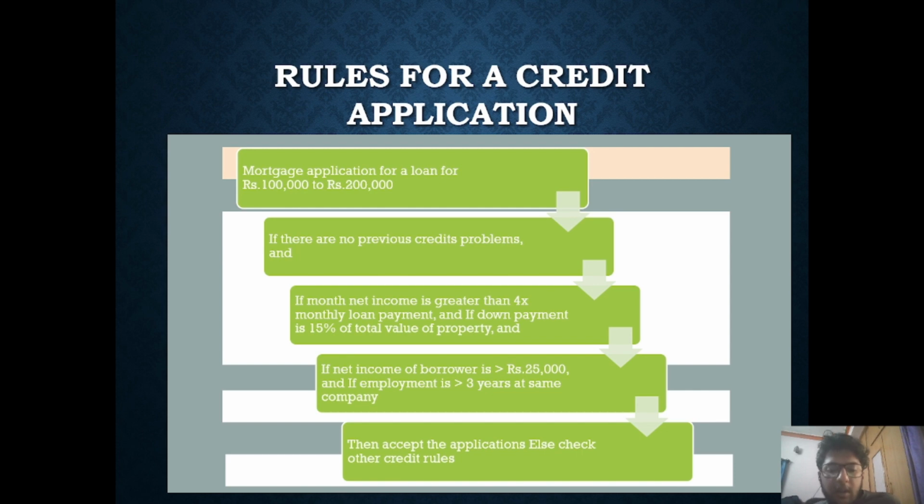So if the net income of the borrower is greater than 25,000, and if employment is greater than 3 years at the same company, then these are the inferences that are made in a rule based decision making system. That is, the expert system makes these decisions in a flow, that is to accept the application or else check for other credit rules, and reject the application.